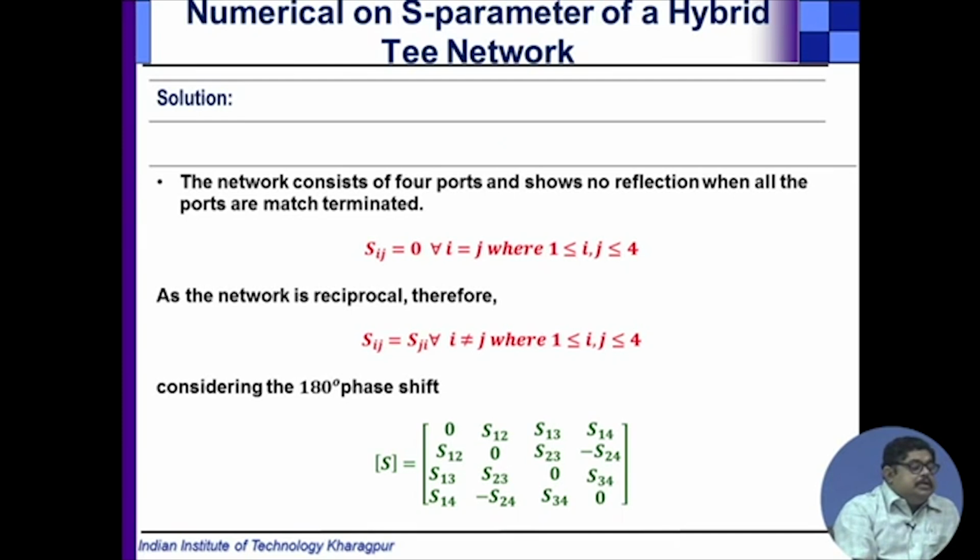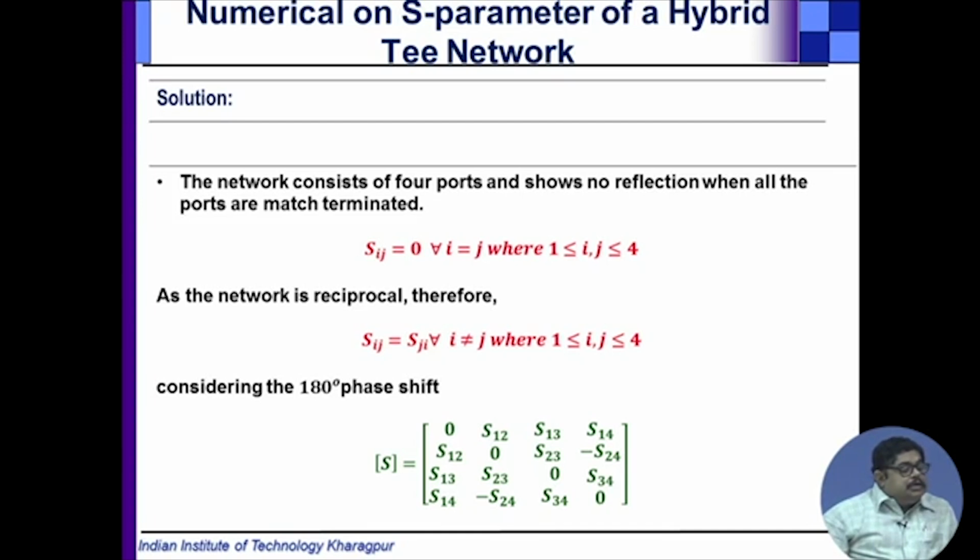So, it is said that there are 4 ports and no reflection when all the ports are matched. That means you can easily say that the 4 diagonal elements of the matrix will be 0.